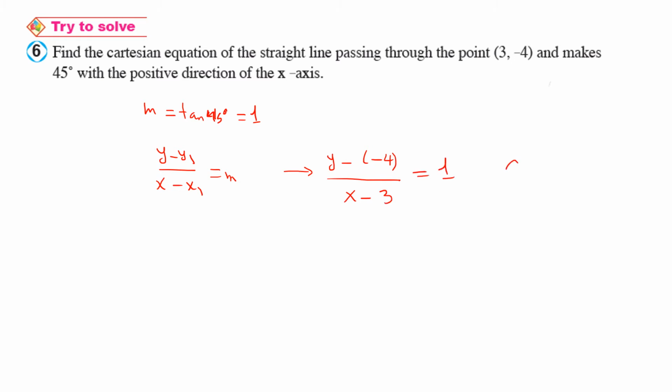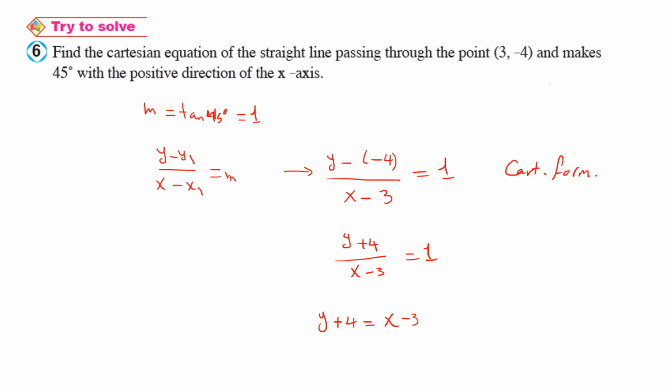So this is called Cartesian form. So we can write it in simplest form, y plus 4 over x minus 3 equal 1. So y plus 4 equal x minus 3 because the division equal 1.